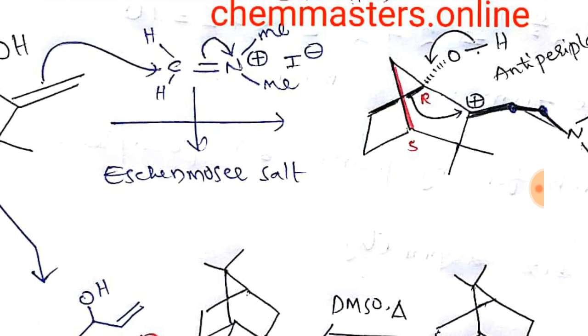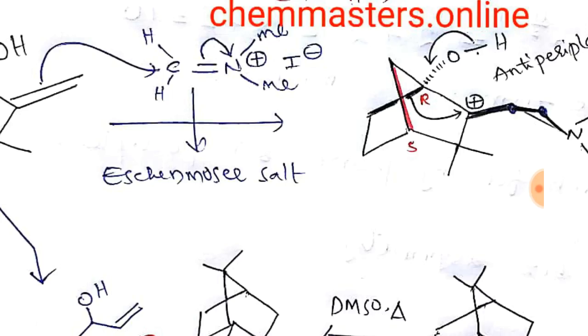Eschenmoser salt is a methylating agent. The nitrogen on that salt has a scarcity of electrons, so it attracts electrons from the carbon double bond.